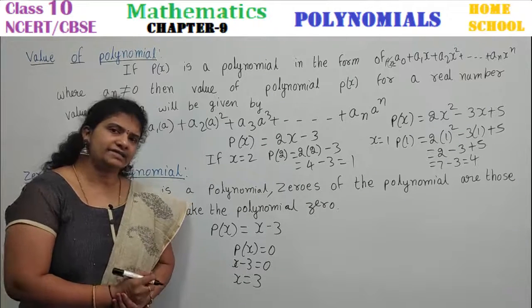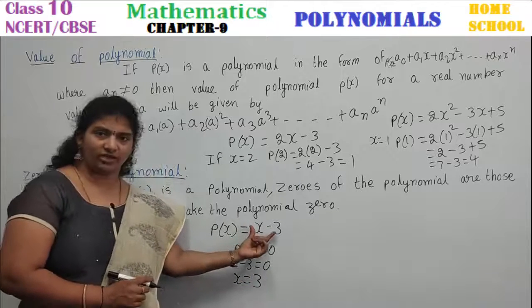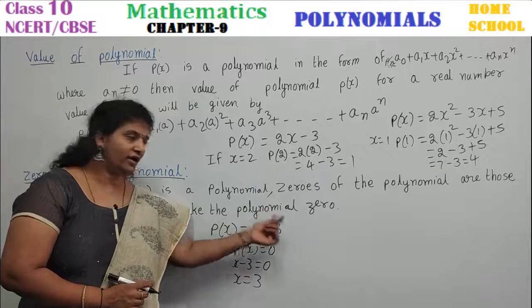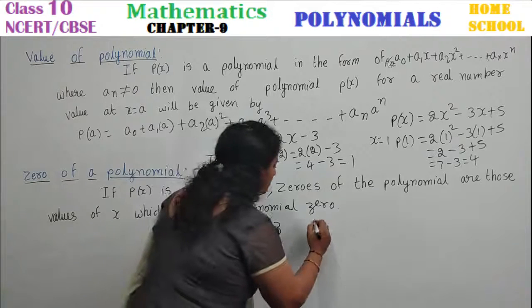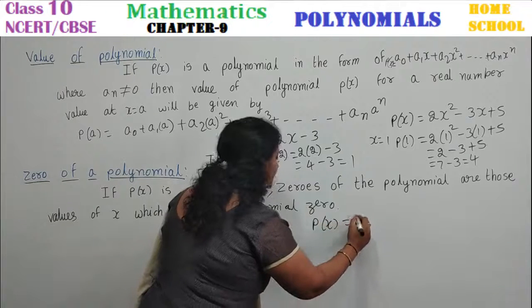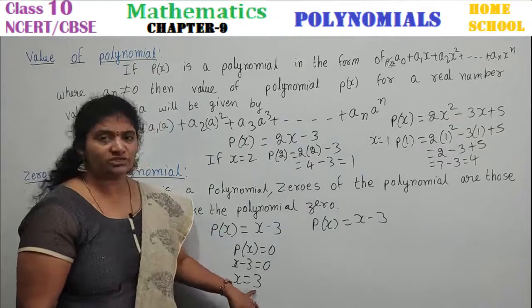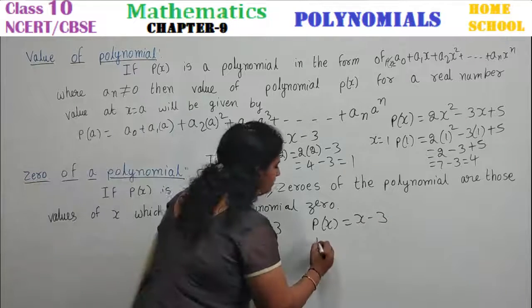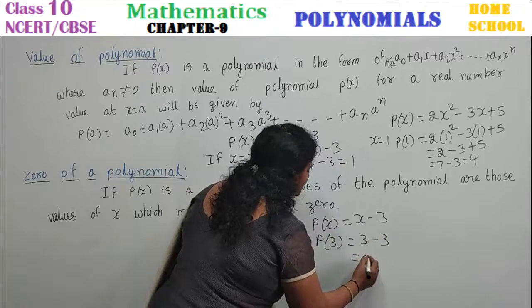How can I say it is the zero? If I substitute this value in the polynomial, you are going to get the value 0. Let us check it out. P of x is equal to x minus 3. Right? Find the value of the polynomial. Substitute this 3 in that polynomial. P of 3 is equal to 3 minus 3, that will be 0.